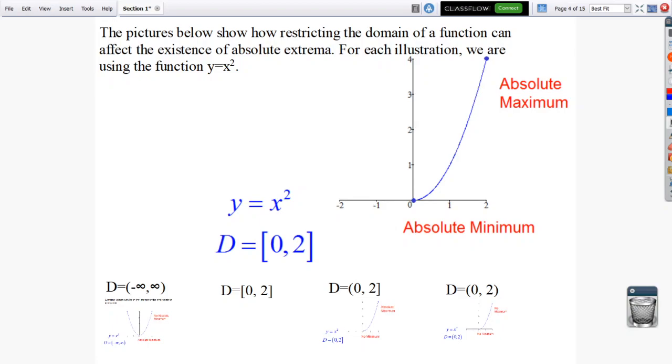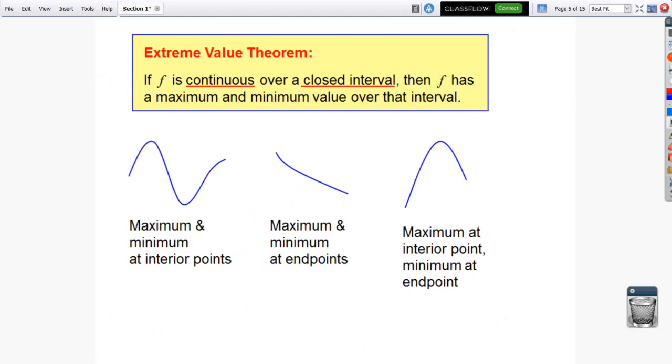Only the closed interval, where I have greater than or equal to at 0 and less than or equal to at 2, gives a guaranteed minimum and maximum. Closed circles mean guaranteed minimum and maximum. So that is the extreme value theorem. If f is continuous over a closed interval, then f has a maximum and a minimum over that interval.